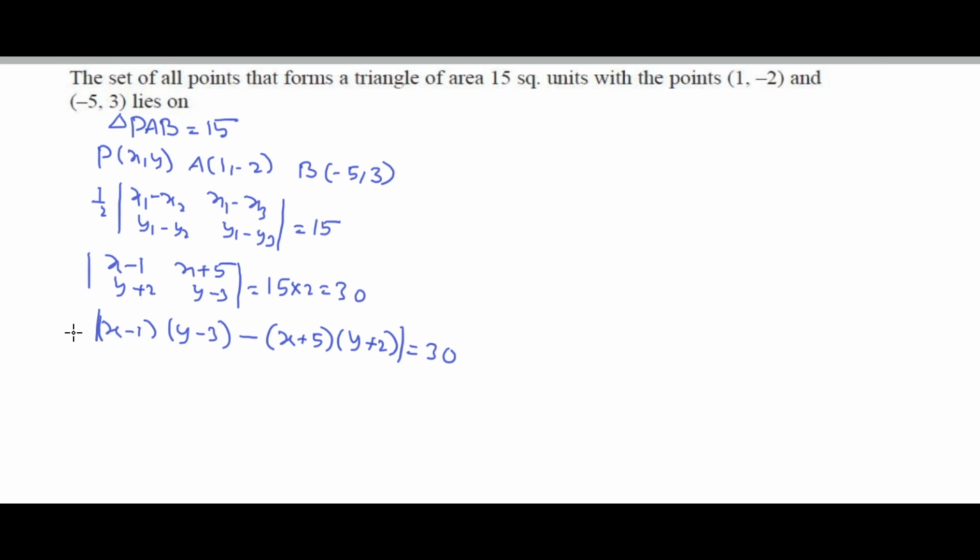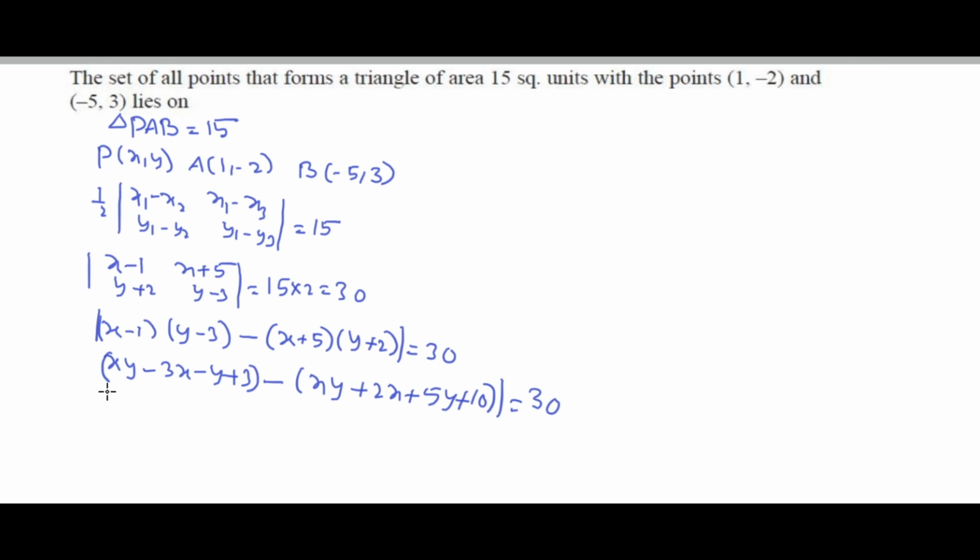So x into y, xy minus 3x minus y plus 3, minus of xy plus 2x plus 5y plus 10 is equal to 30.